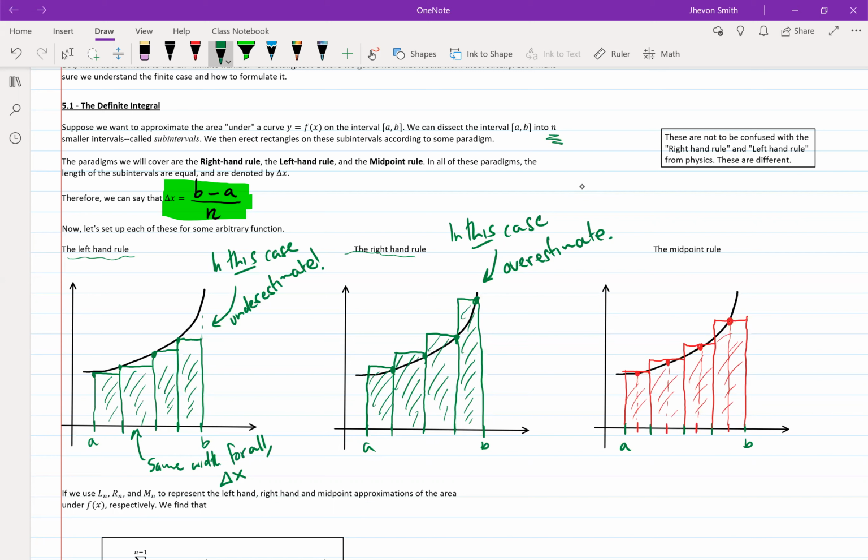Now this attempts to minimize error because it gives overestimates sometimes and underestimates other times.